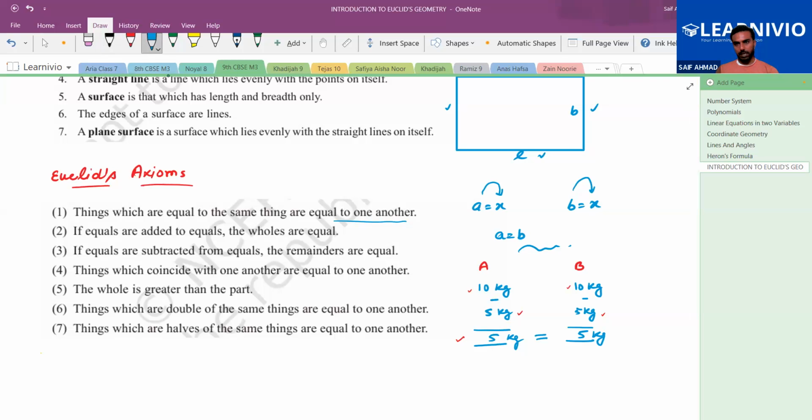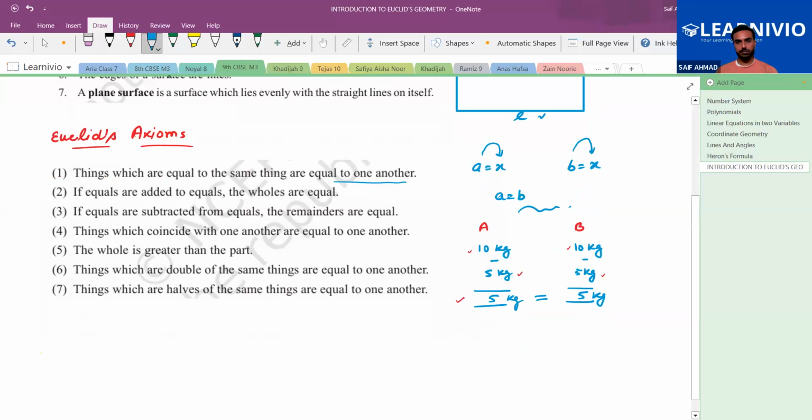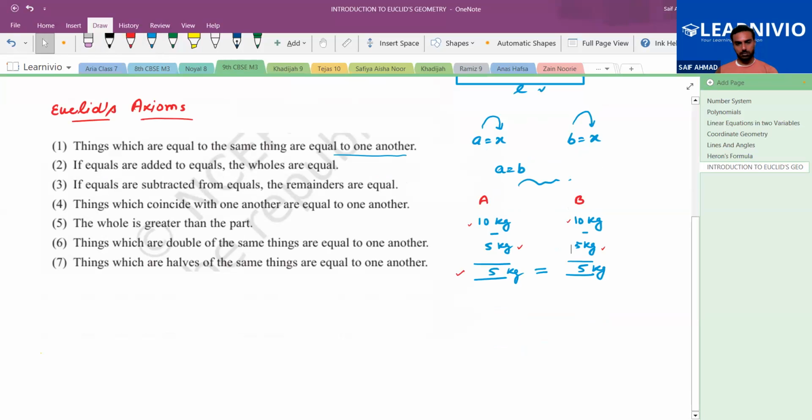Again the remainders are equal. Understood or not? Note it down, the example also.